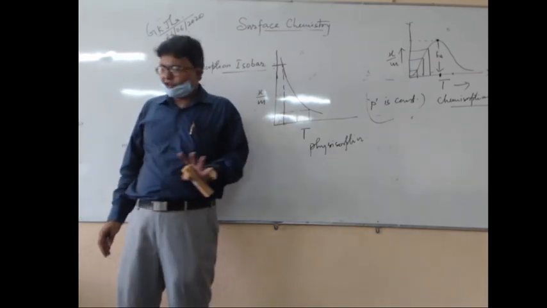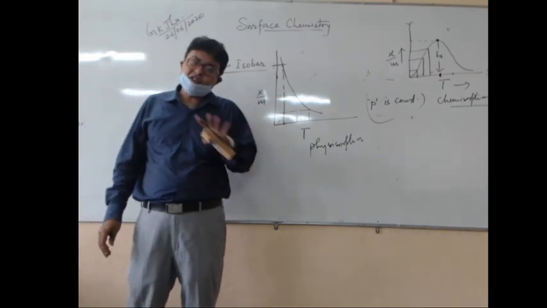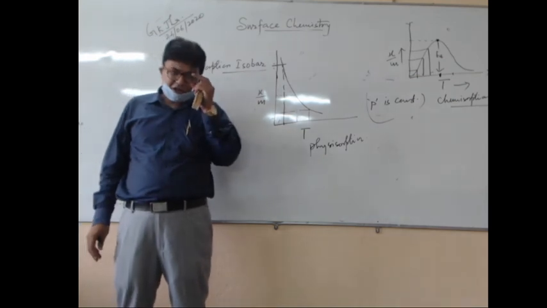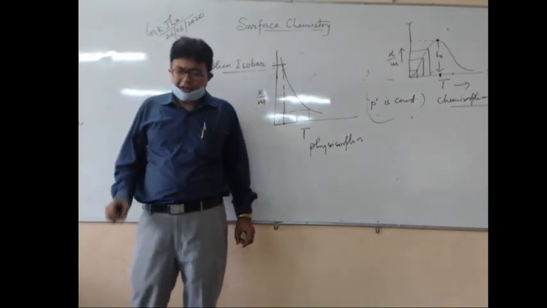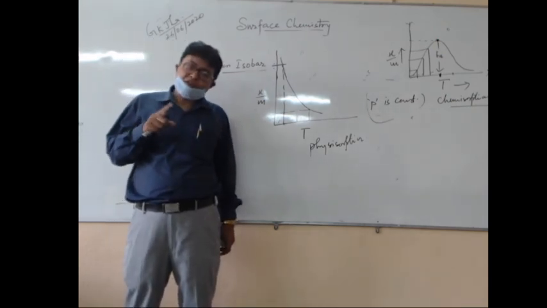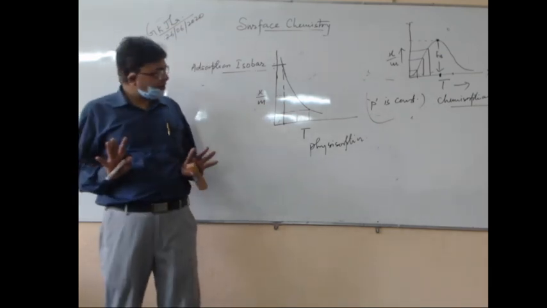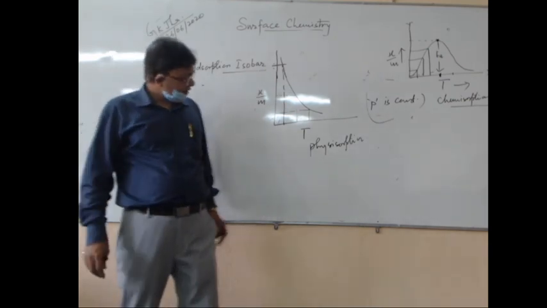One thing is clear: with increase in temperature, extent of adsorption decreases, and when temperature is low, extent of adsorption increases. These are all essential points related to Freundlich's adsorption isotherm.